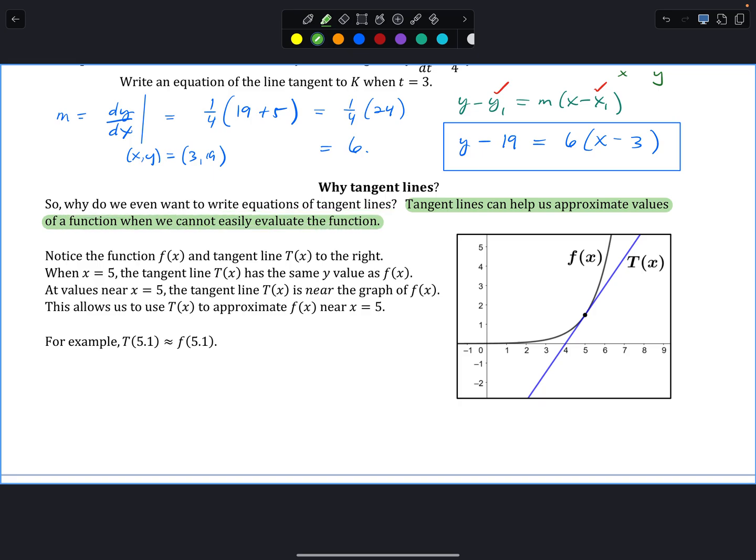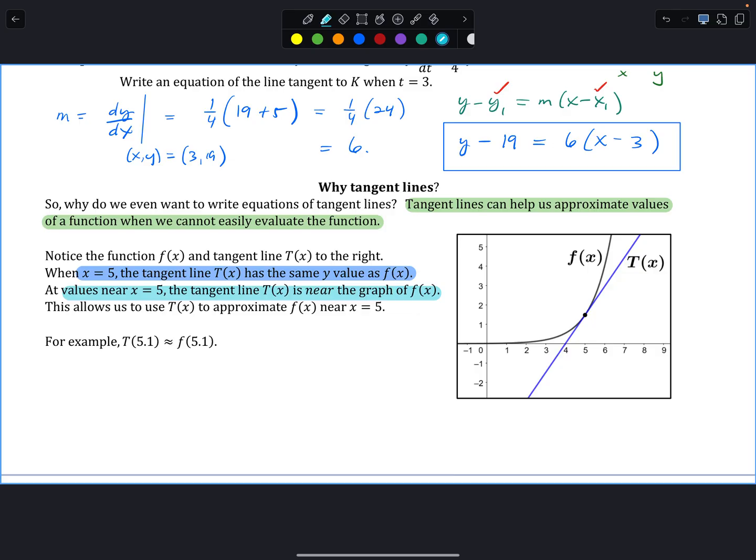So notice the function f of x and then the tangent line t of x to the right. When x equals 5, the tangent line t of x has the same y value as f of x. So that means that for values near x equals 5, the tangent line is near the graph of f of x.